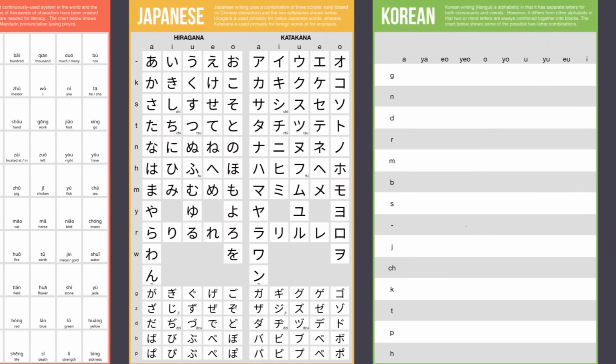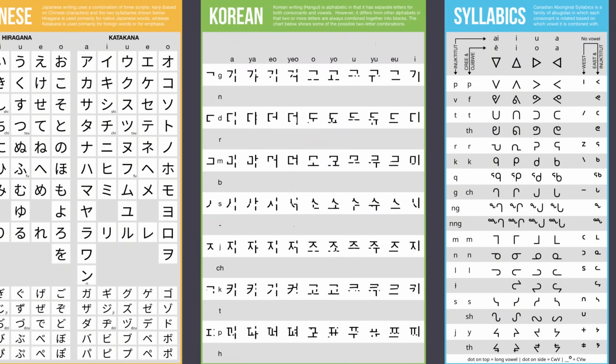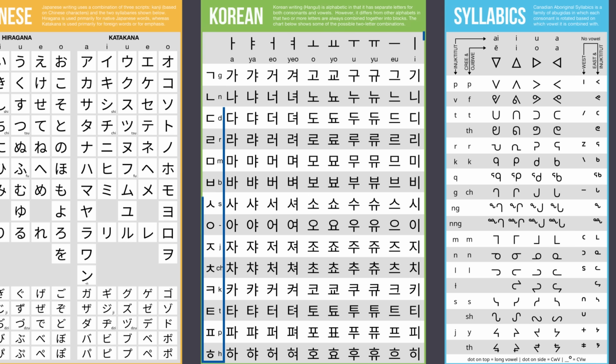At first glance, it seems as though the Korean writing system, called Hangul, is also a syllabary because each symbol generally represents a combination of a consonant with a vowel. But notice that Korean, unlike Japanese, follows a pretty clear pattern. Each symbol is simply the consonant letter combined with the vowel letter.